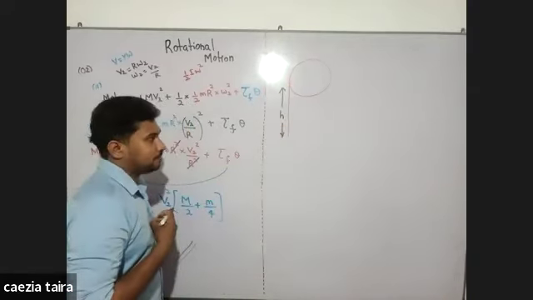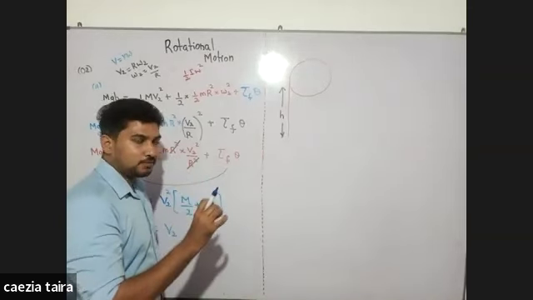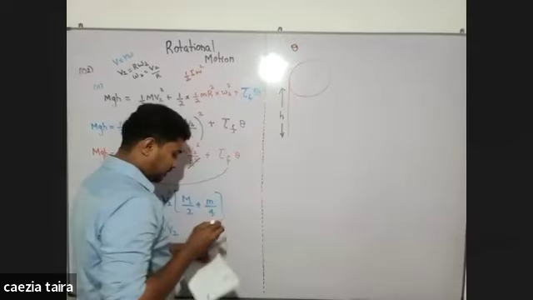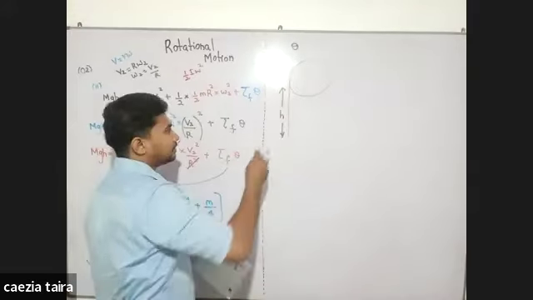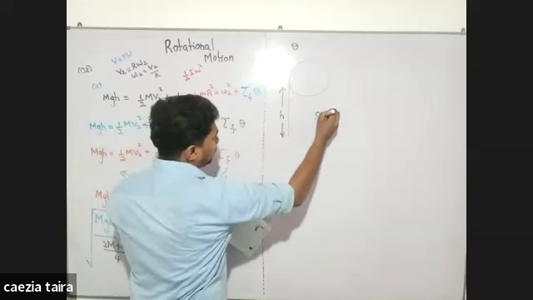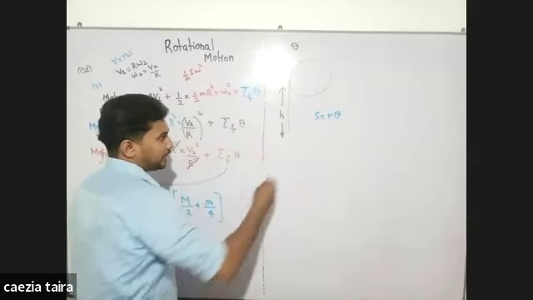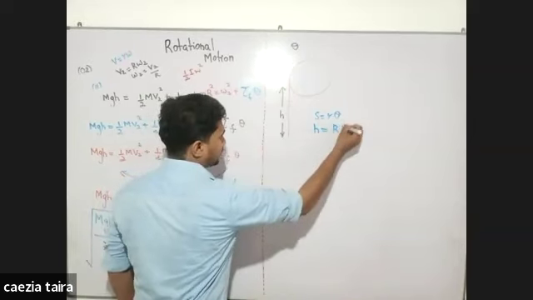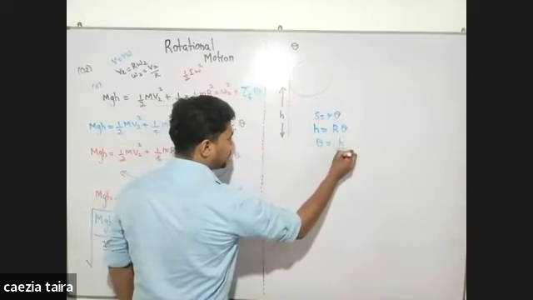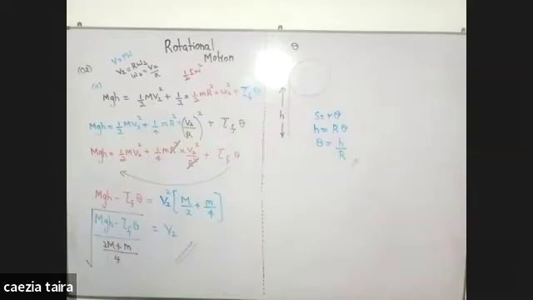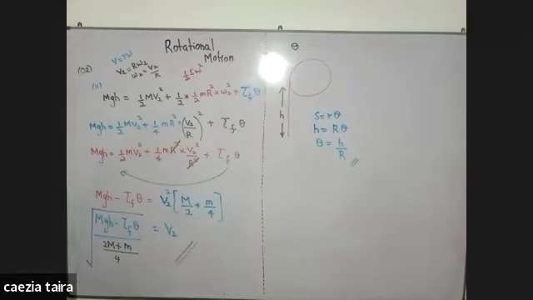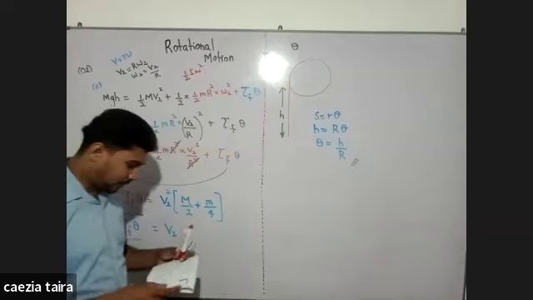Let's assume the angular displacement of the pulley is theta. Relating these, x equals r theta: linear displacement equals radius times angular displacement. So instead of theta we can substitute h over r. Now let's move to the third part.